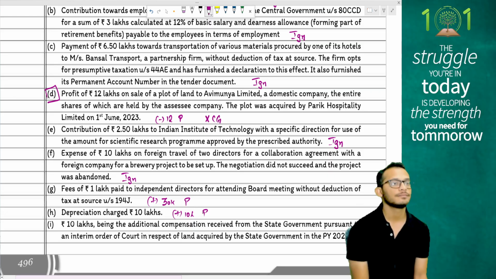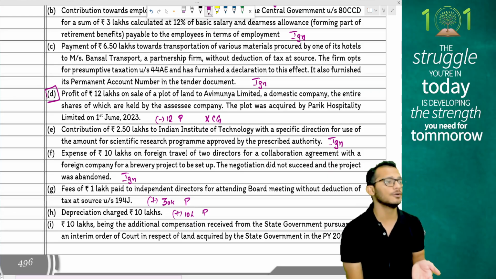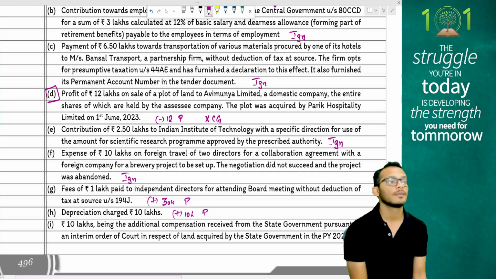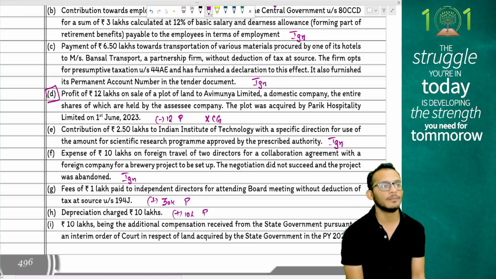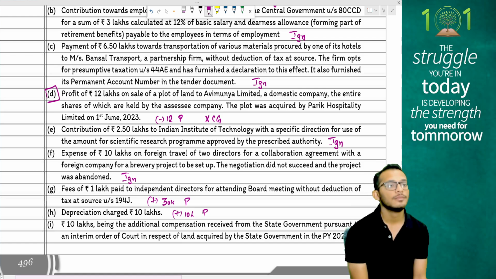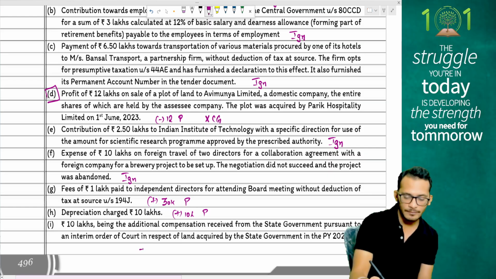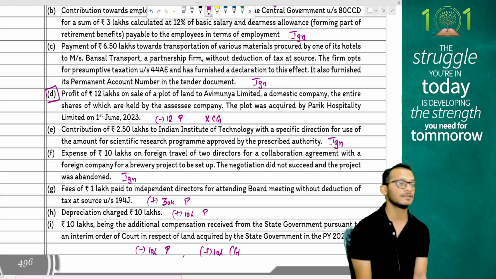You taxed it in current year because current year only you received it, which means to be taxed under capital gains. Remove it from PGBP, add it to capital gains: minus 10 lakhs in PGBP and plus 10 lakhs in capital gains.